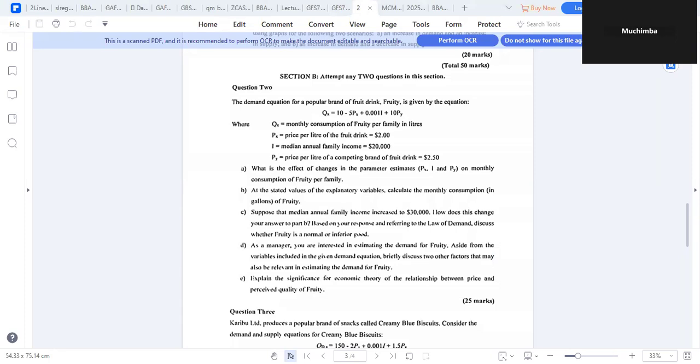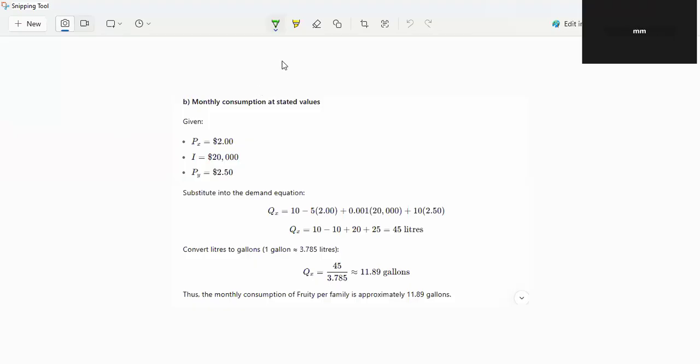The Px is 2.0. The income is given as 20,000. And the price of Y is given as 2.5.